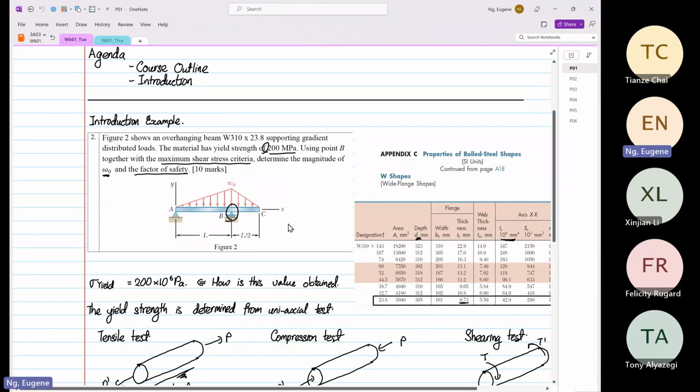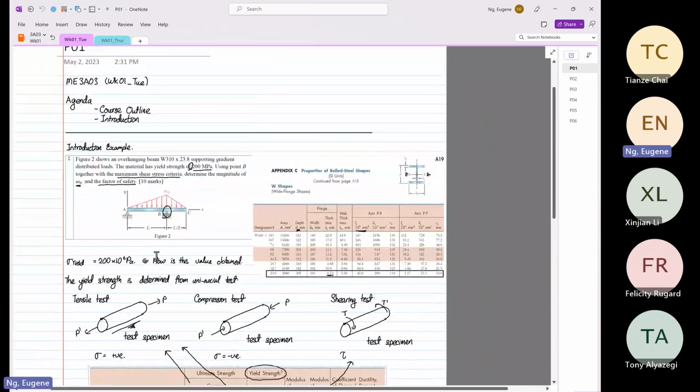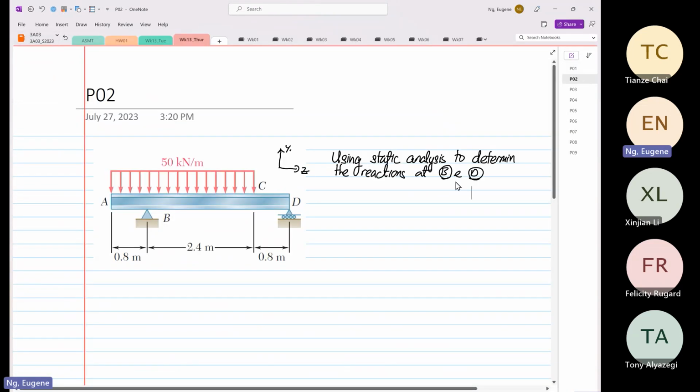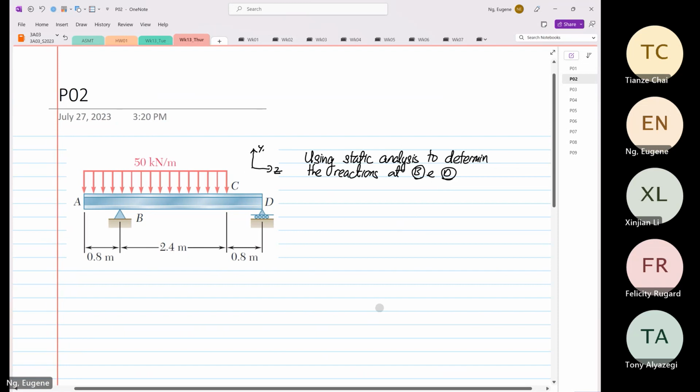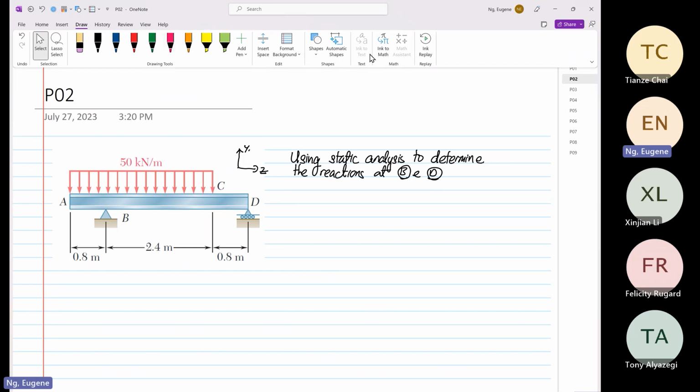So now we are going to do something very similar, and then you will understand what we're trying to achieve in the introduction, because when you started the course, you found, wow, this is pretty complex. Right, so now we are going to use static analysis to determine the reactions at point A, point B, and point D. So we start by doing that.